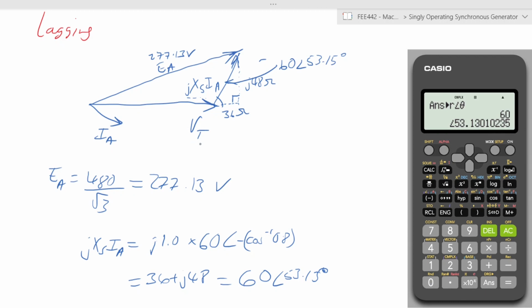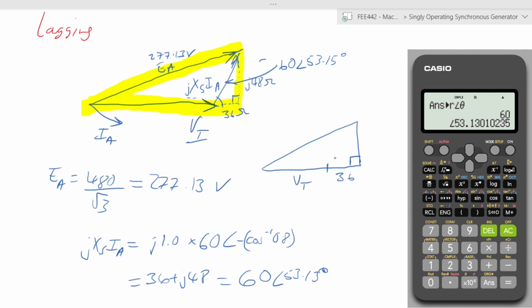So what we are looking for is our terminal voltage. If you look at this right angled triangle, okay, that forms a right angled triangle that will look like this. If we simplify it, up to that point it is VT.